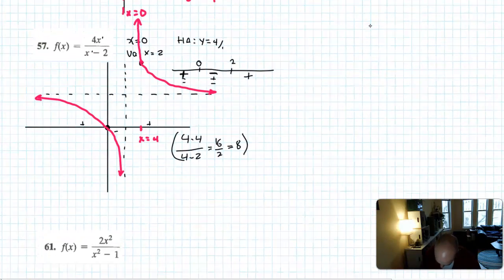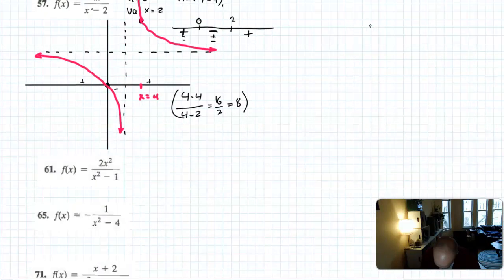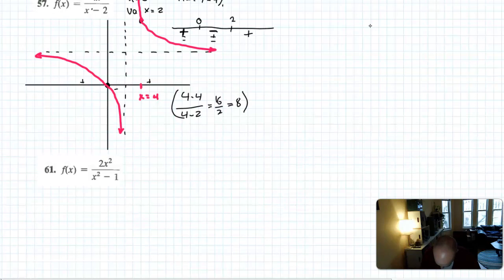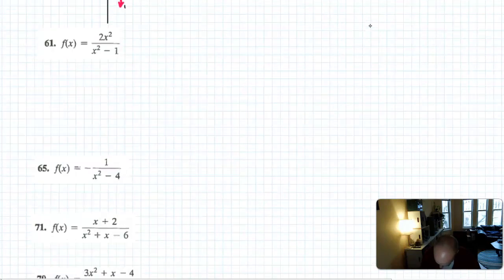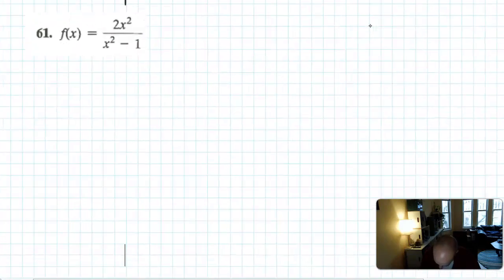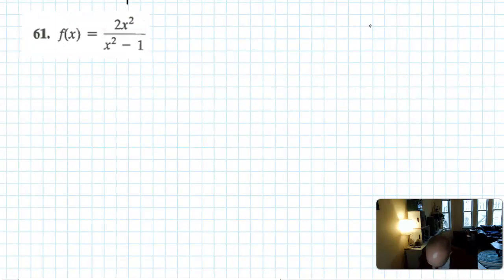All right, next one, 61. Come back here. So again, the numerator and denominator have the same degree, so we're going to be looking at a horizontal asymptote. Let's factor the bottom.